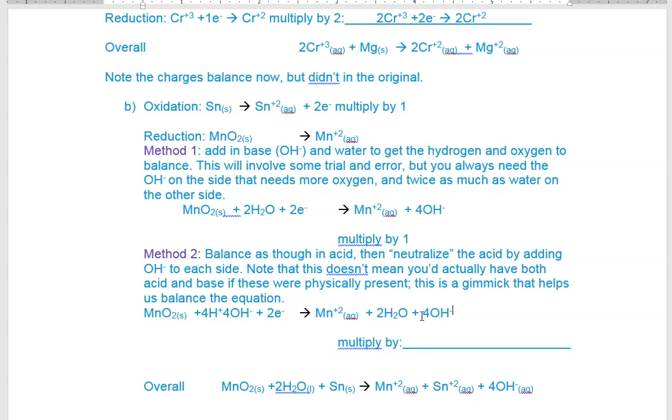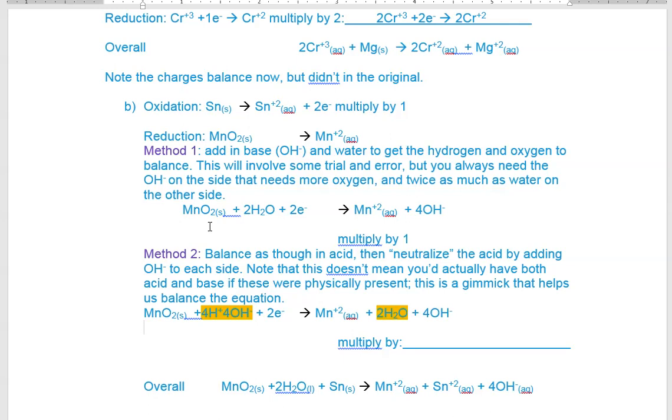Now what happens when we do that is the 4 hydroxides and 4 hydrogens are actually a water. Right? If you look at that, that's actually water. And over here, we also had a water. So we've got 2 waters to cancel out.